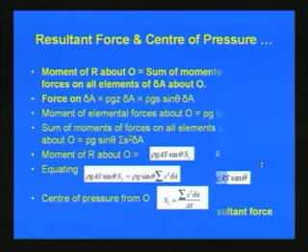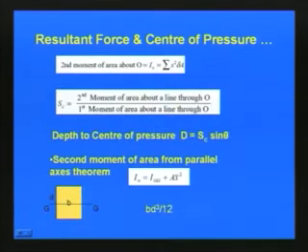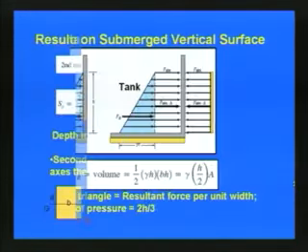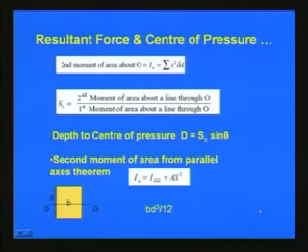So finally we got the center of pressure from O as sigma s square into delta A by A x bar. And the second moment of area about this point O which we are considering can be written as sigma s square delta A.